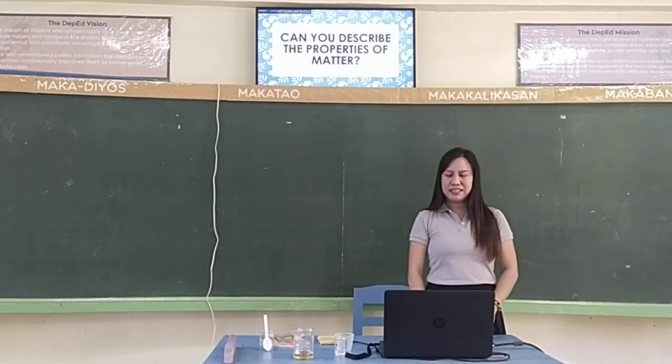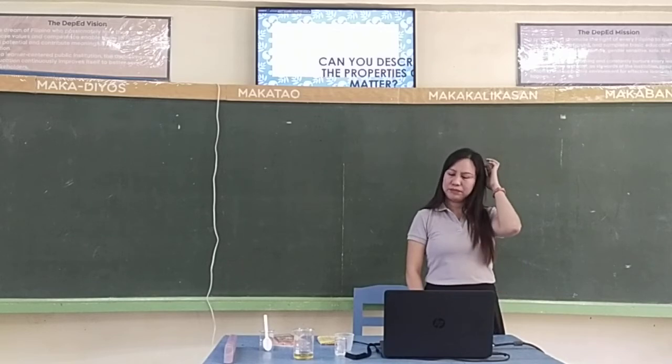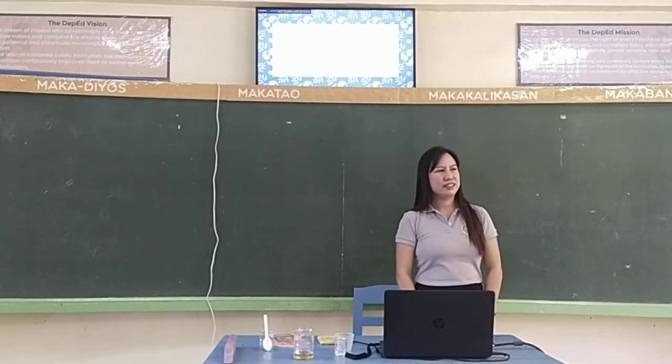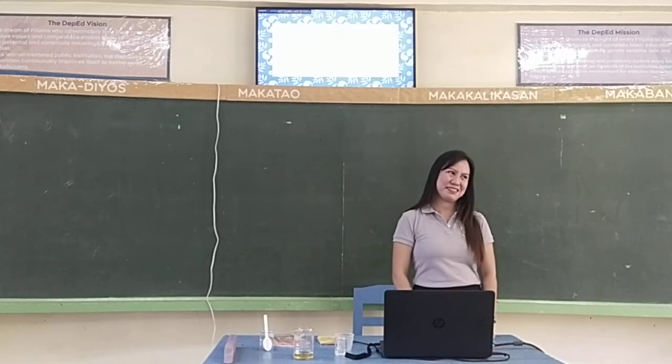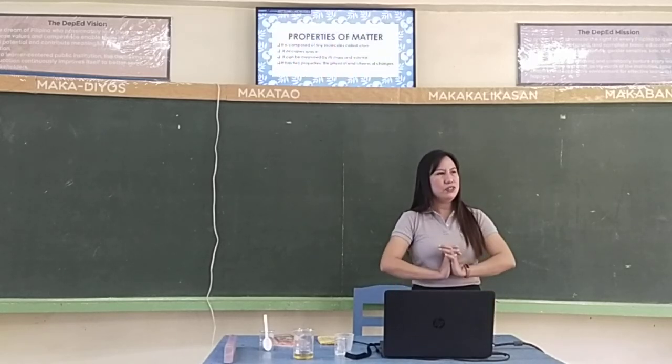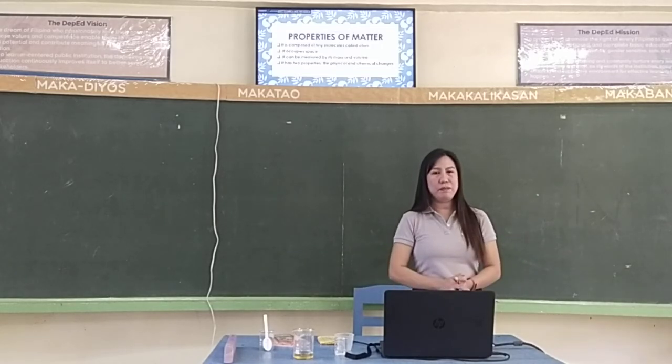And next, can you describe the properties of matter? Miss Shelley? Physical, for example, size and shape, ma'am. Yes, that's correct. Chemical changes the chemical substances or the chemical properties. Yes, that's good. So to sum it all up, here are the properties of matter as we describe it.